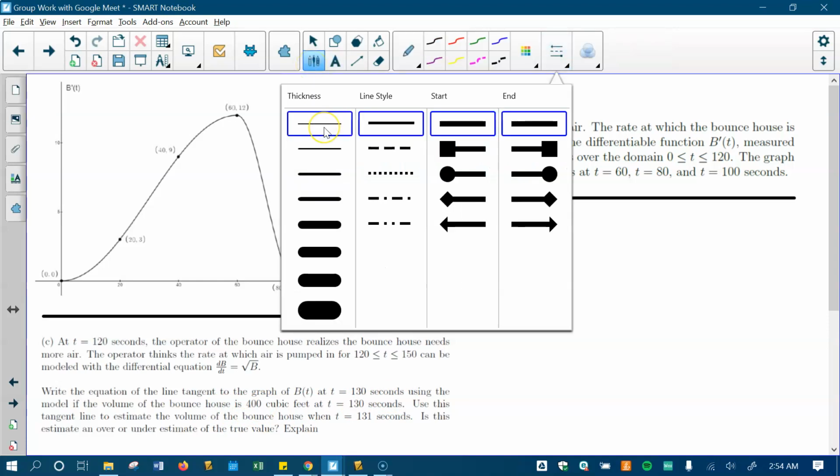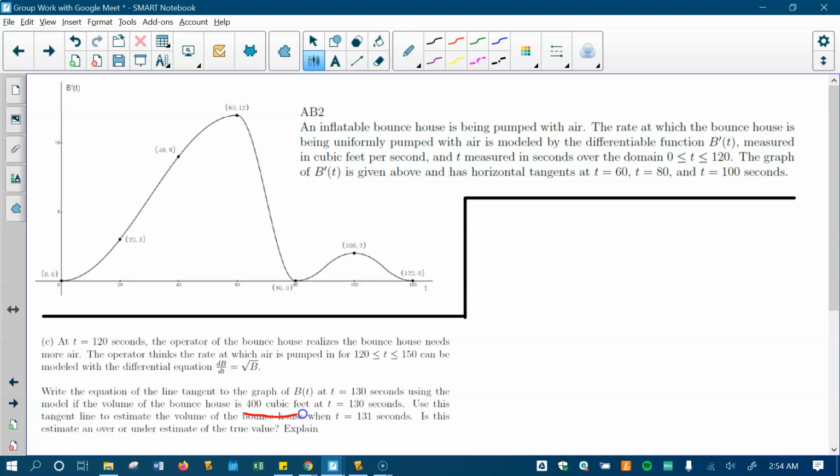So notice this little part that I snuck in here: 400 cubic feet at 130 seconds. If I was to write a point for that, that means that when t is 130, b, the volume of the bouncy house, is 400. So notice that b is the y value here. Let's do that first part.